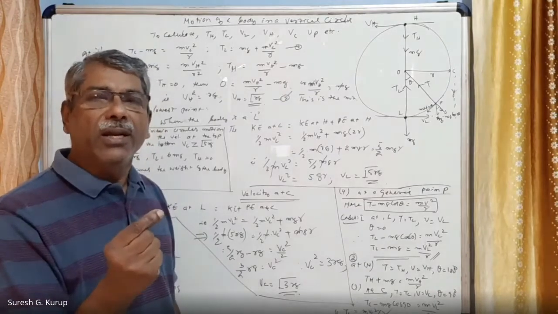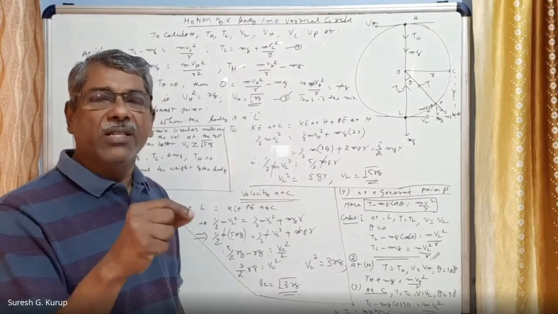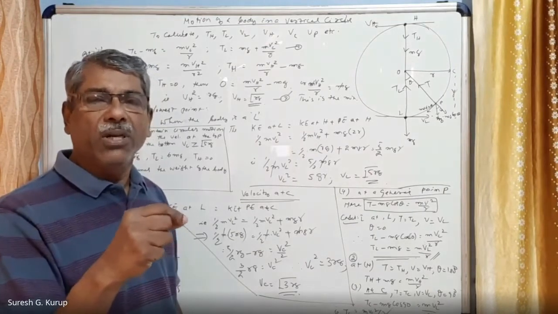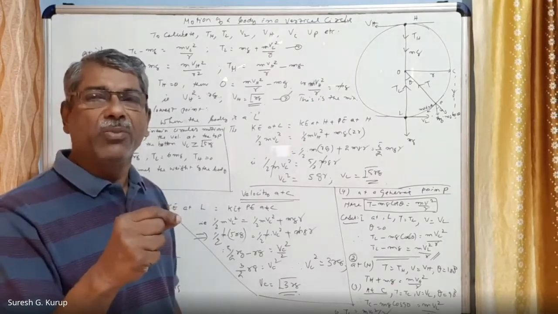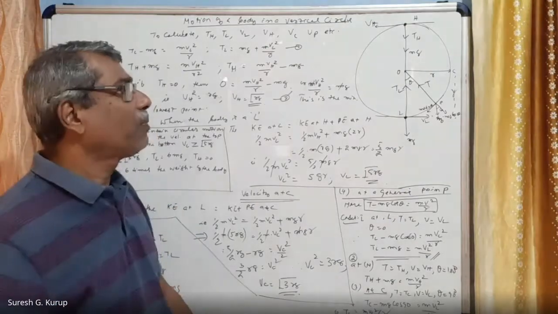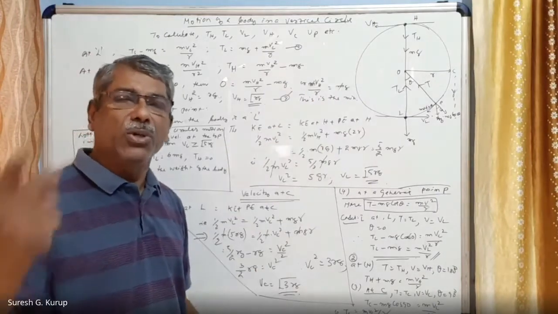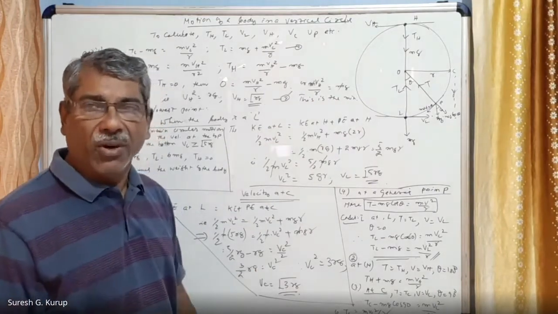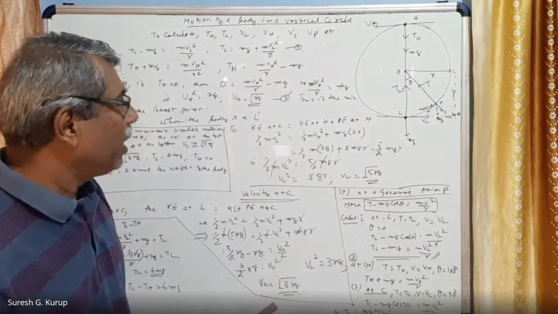You can reduce the speed such that at a particular value of the velocity, the tension becomes equal to 0 on the top. When the body comes to the top, you will feel no tension at all, right? So all these things we have to calculate.